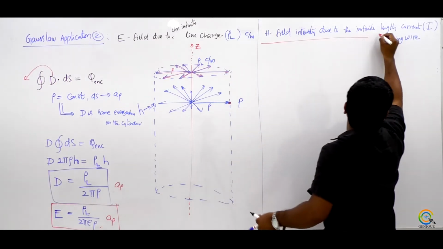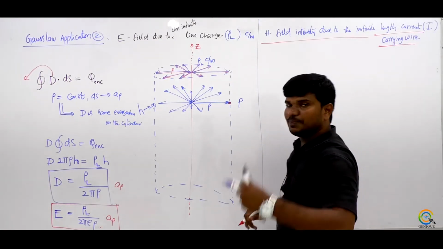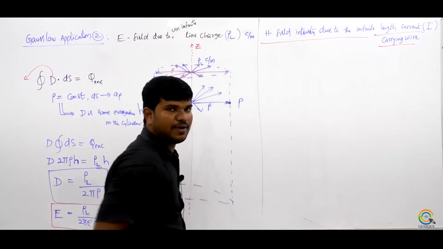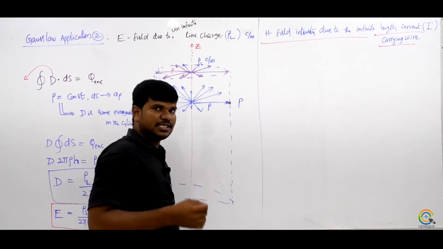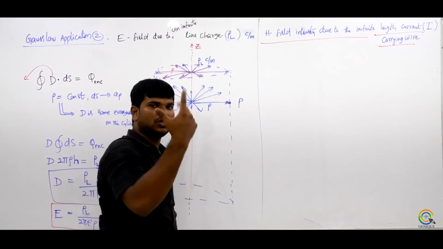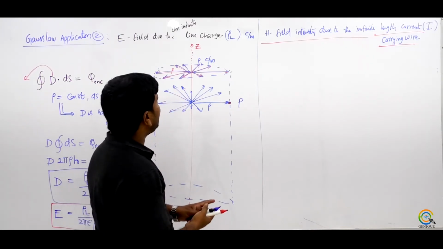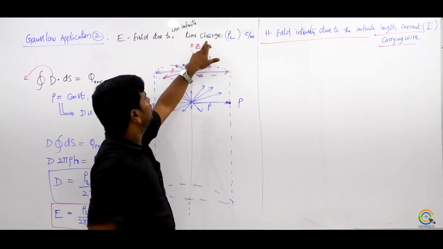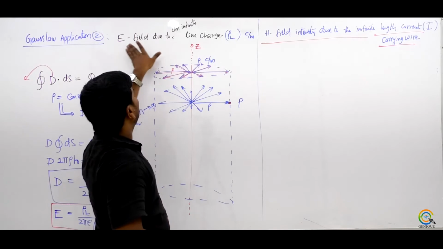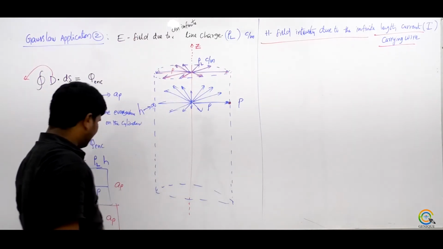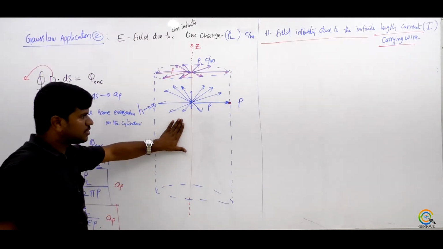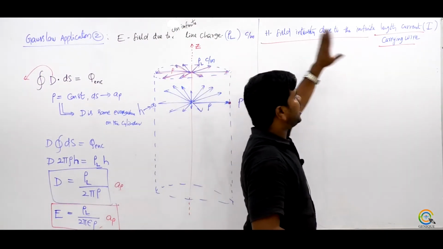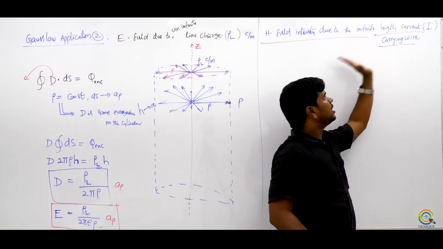Similar to this, what do I have to find? Previously, I chose the point charge, and due to the point charge I found the electric field intensity. With a point current element, I found the magnetic field intensity. Here also, I have taken an infinite length line charge and found the electric field intensity. Similar to this, I have chosen for the magnetic field the same kind of cause, but it is a moving charge.